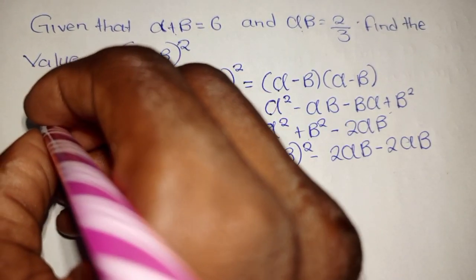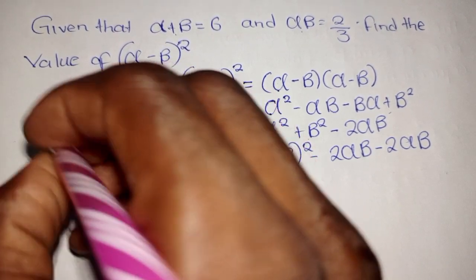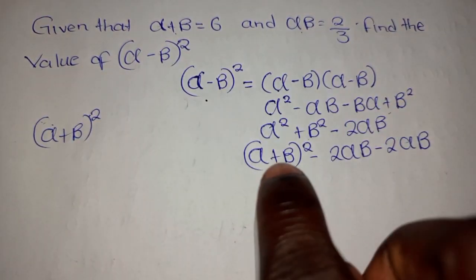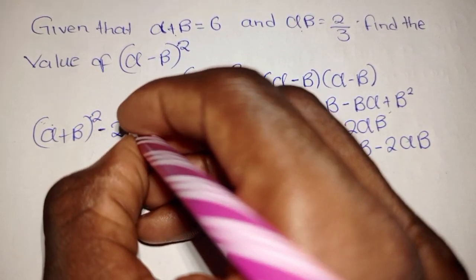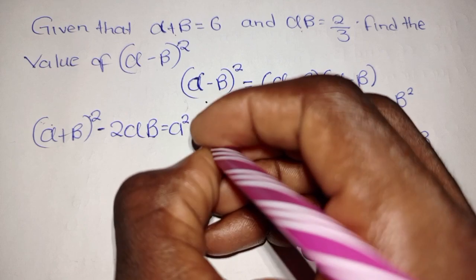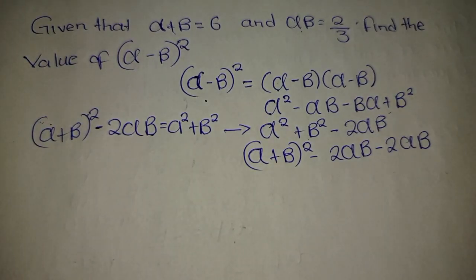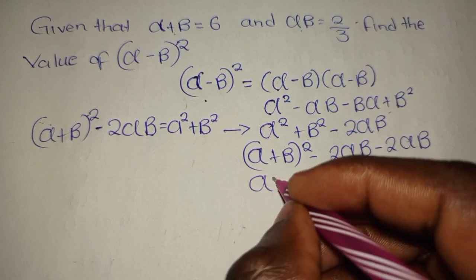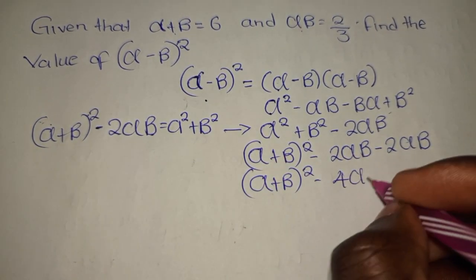Remember, you had this in your studies of alpha plus beta squared. So this is where this is coming from, where you have alpha squared plus beta squared. So this is what we basically have there. So here we continue, say alpha plus beta squared minus 4 alpha beta.